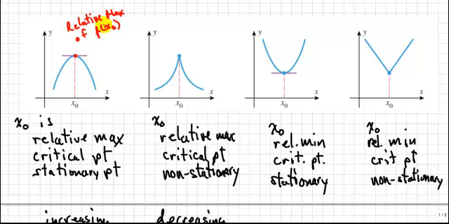But you'll hear it termed sometimes you get a maximum at this particular point. We're saying we get a relative maximum at x sub naught. So look what's happening. Immediately before this point, our function is increasing. Immediately after this point, our function is decreasing.